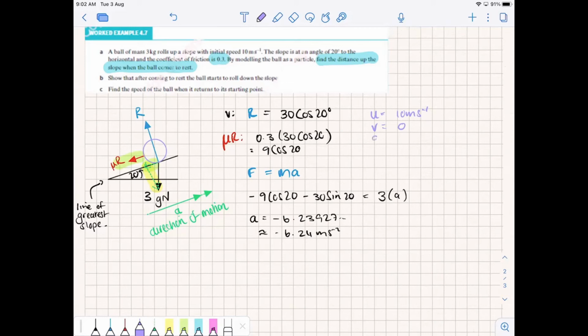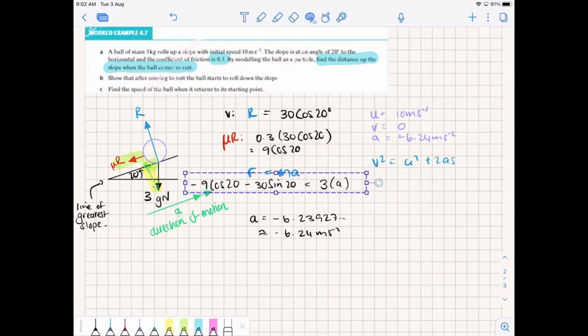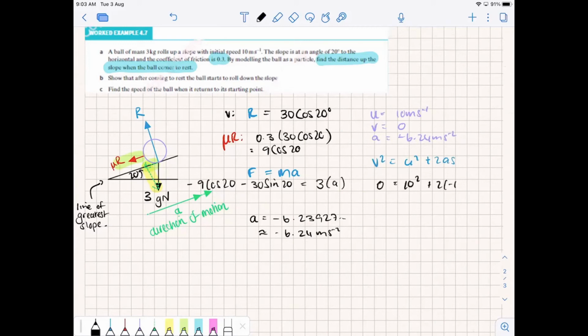And we've just calculated the acceleration as minus 6.24 meters per second squared. You can start getting used to the fact that you're going to be using that quite often. Minus 6.24, and displacement is what we're after.